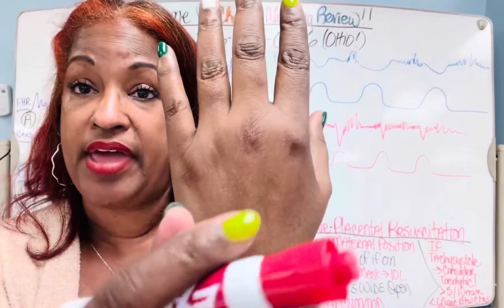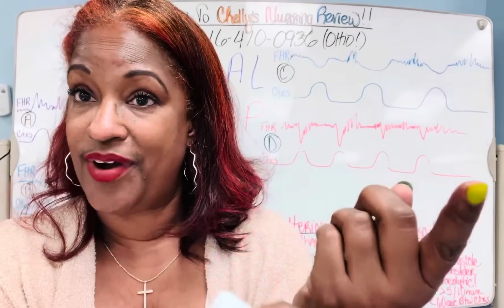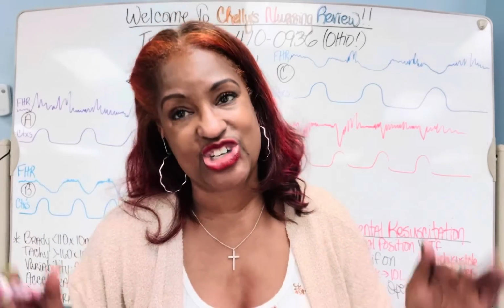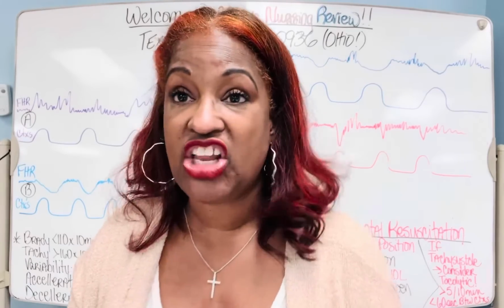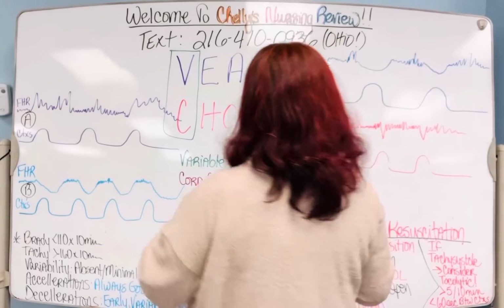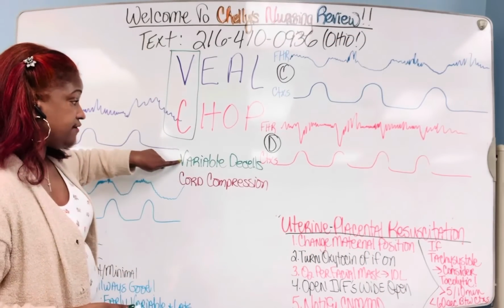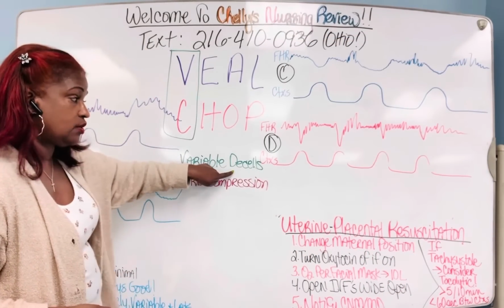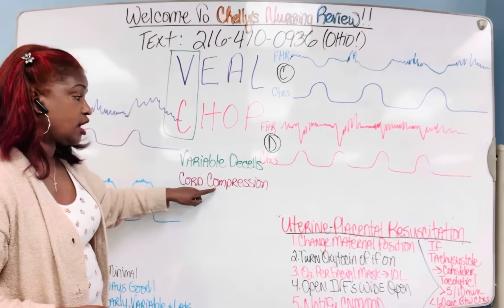If I put a pillow on top of there and tried to squeeze that vein through the pillow, that's what amniotic fluid is. It's a cushion. It's a pillow between the contraction and the baby's cord. That's all it is. So when there is a variable deceleration with contractions, it is cord compression.